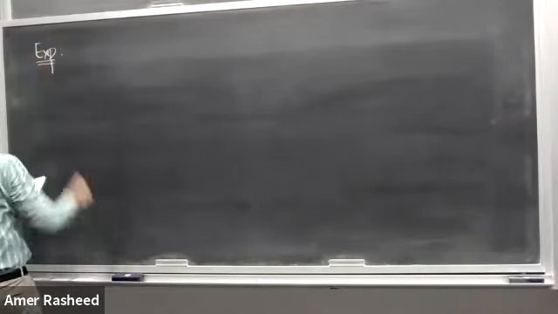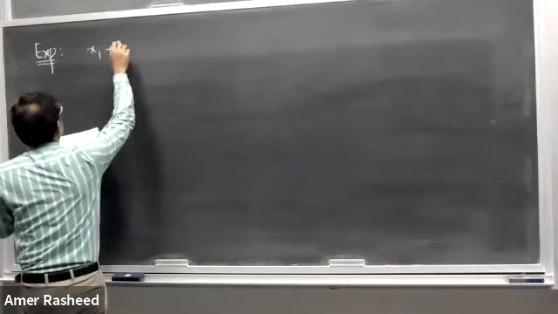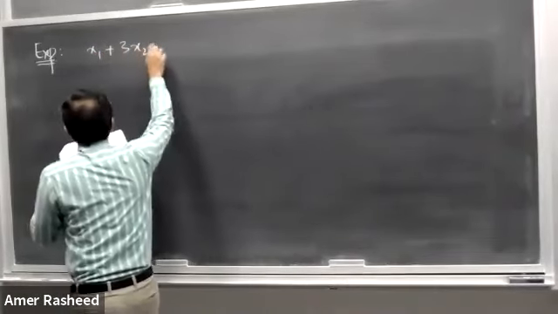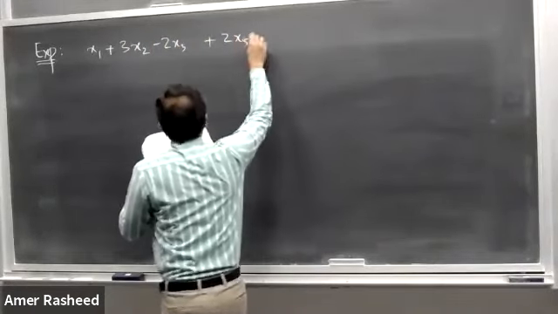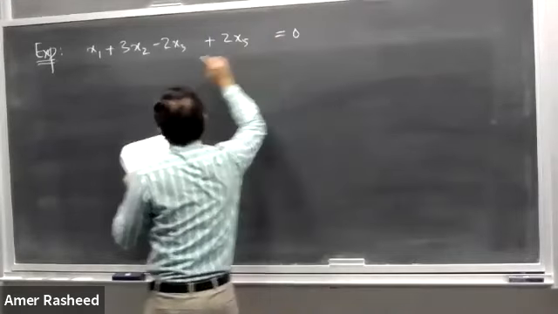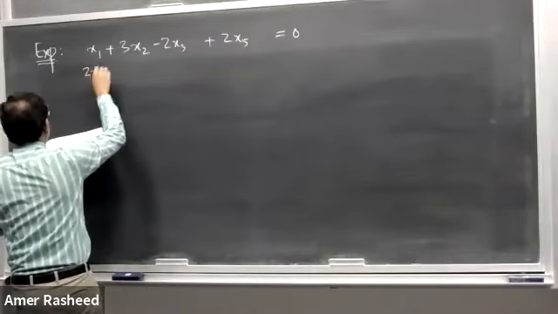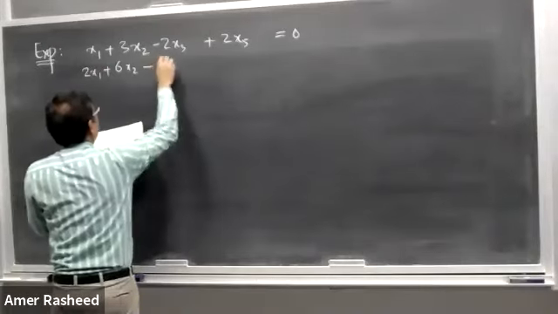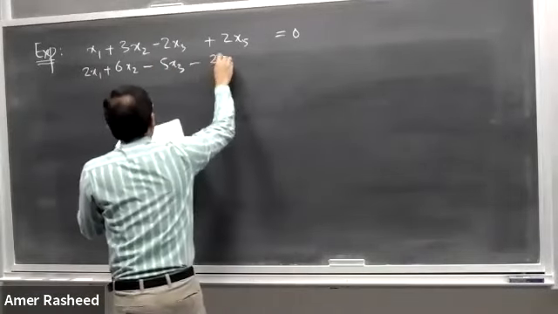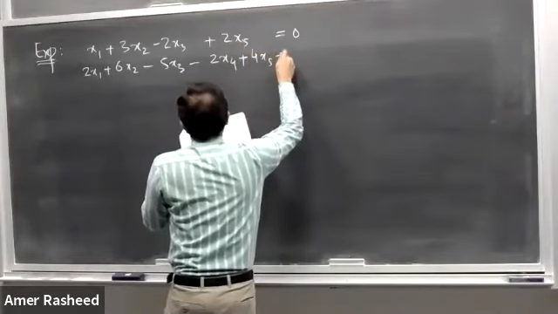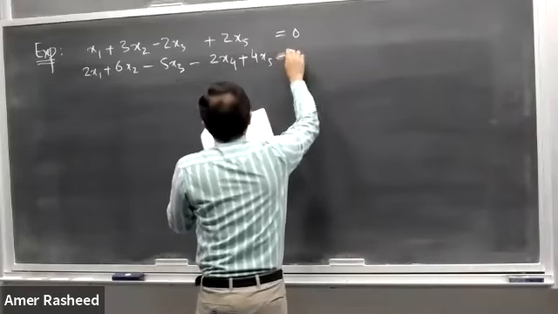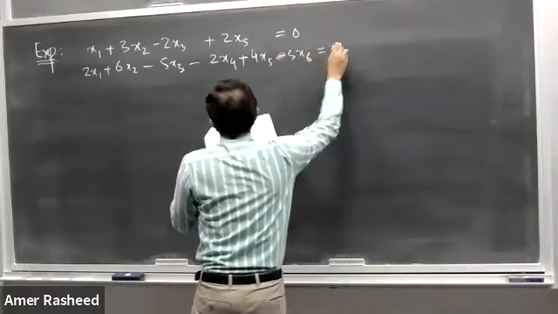Let's start solving this particular example for understanding how we solve homogeneous linear systems. 2x3 plus 2x5 is equal to 0. And 2x1 plus 6x2 minus 5x3 minus 2x4 plus 4x5 minus 3x6 is equal to 0.